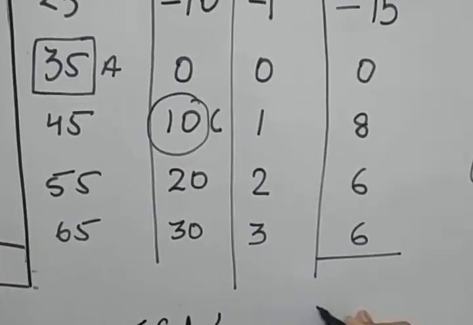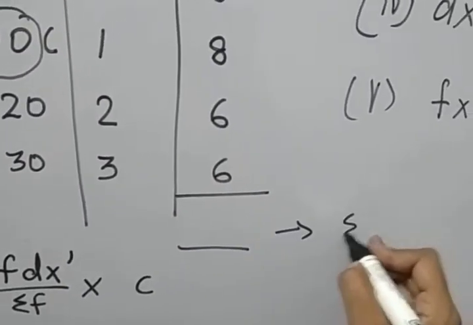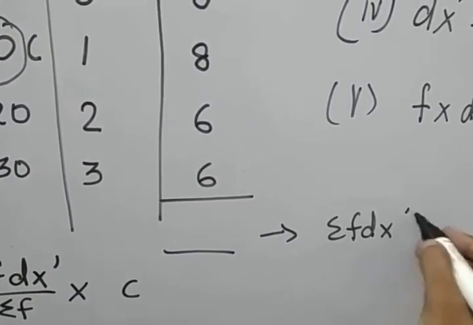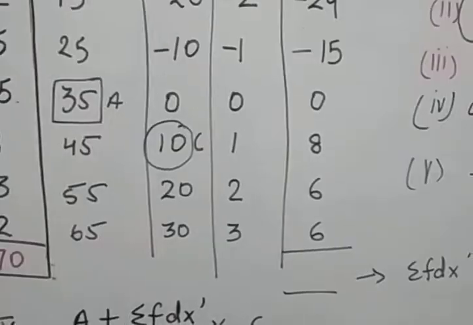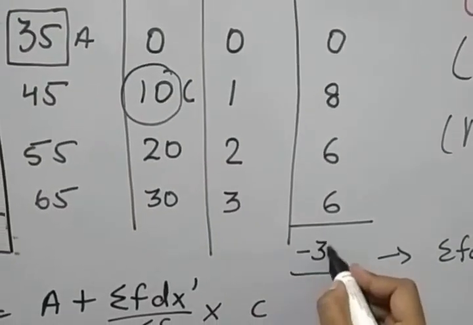Now we want the total, and that total will be your summation f dx dash. So the total is minus 34.